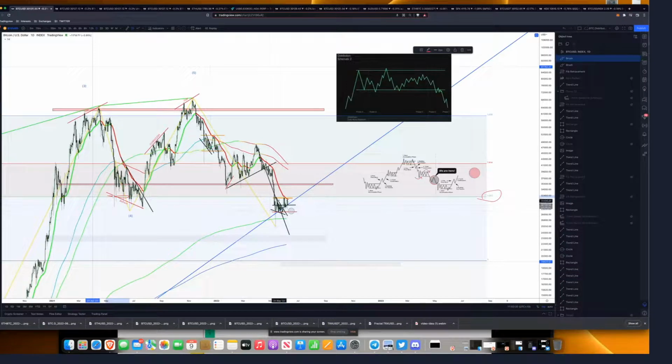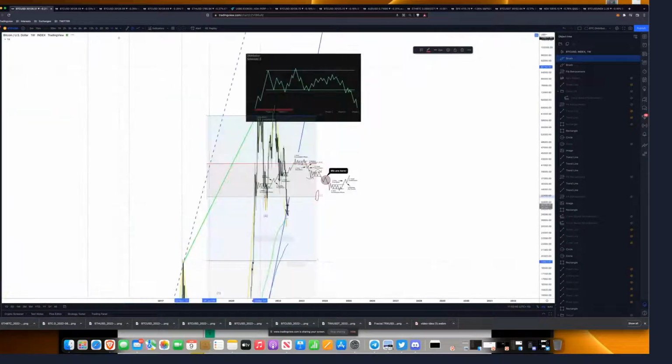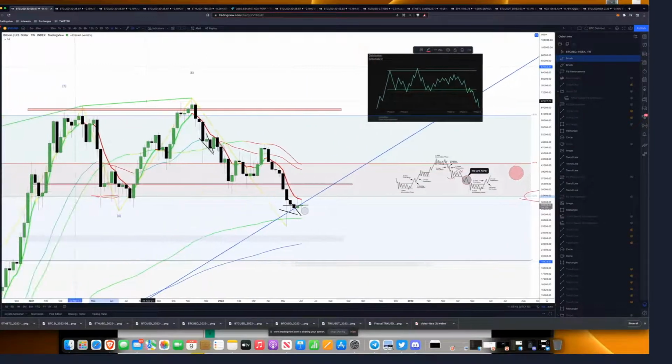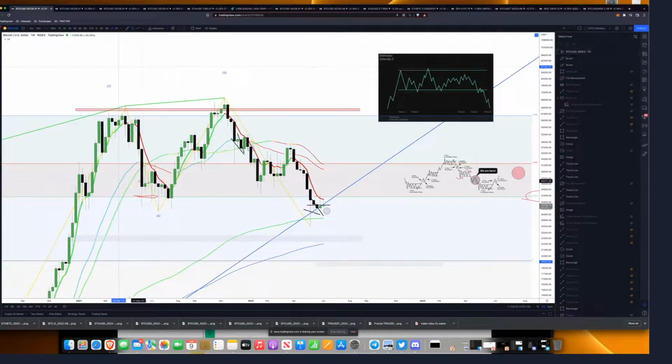Now, if we look at this from a weekly perspective, I'm going to get rid of that level for a sec. You can see the 1.272 is also the weekly, give or take a bit.